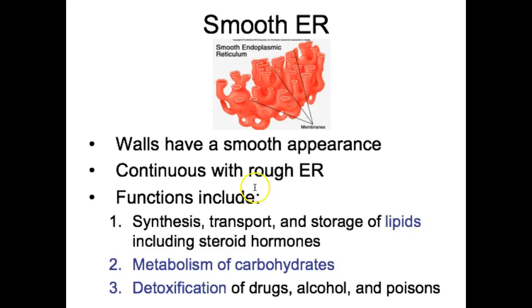I've actually heard contradictory things about where alcohol is detoxified. Some people say smooth endoplasmic reticulum. I've also heard peroxisomes as being the location for alcohol detoxification. For our purposes, let's assume the smooth endoplasmic reticulum is our site of detoxification of alcohol.